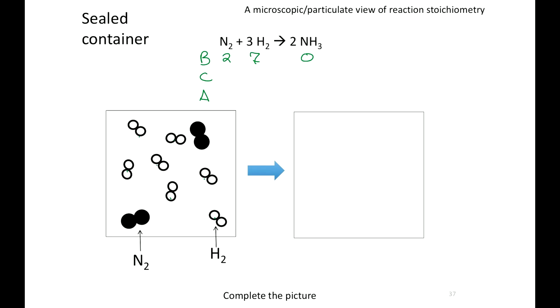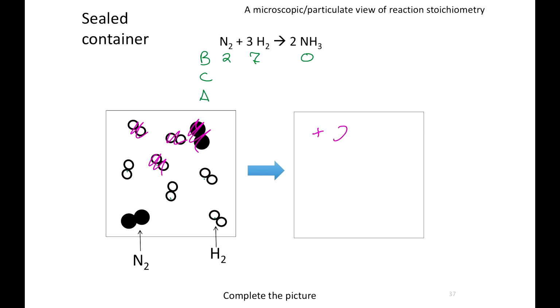So there's a couple ways to do this. You can either use a BCA table to figure out, oh, what's my limiting reactant? Or you can just do the reaction a couple times. Think about, okay, to do this reaction, I need to consume a nitrogen and 1, 2, 3 hydrogens. So if I consume those, what do I get out? What's my product? If I consume those 3 and then a nitrogen, I get ammonia, but how many? 2 of them.